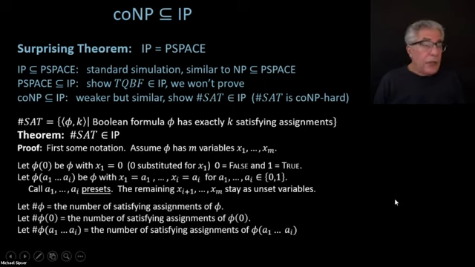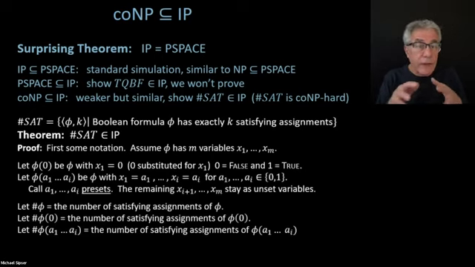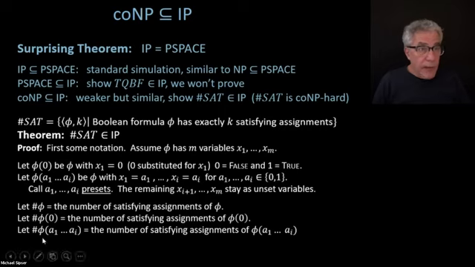And we're going to do the same thing in terms of counting the number of satisfying assignments. So remember the notation: number phi is the number of satisfying assignments. Number phi with a preset of 0 is the number of satisfying assignments when you've set x1 to 0.